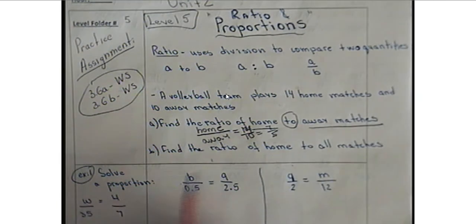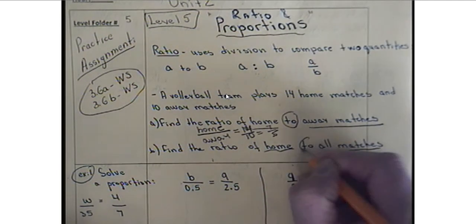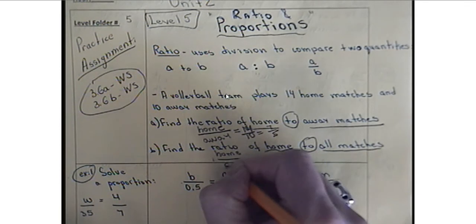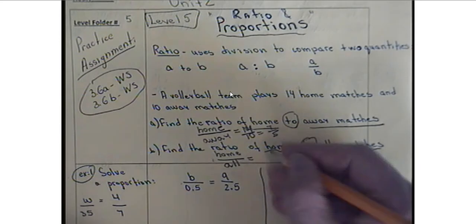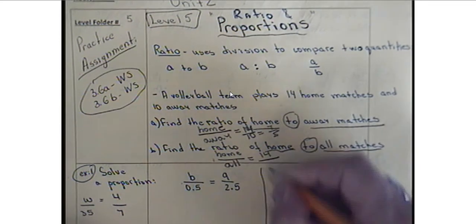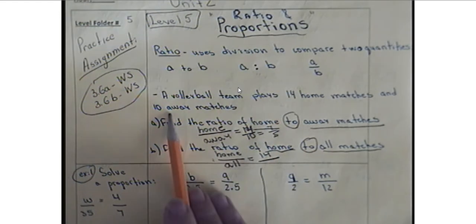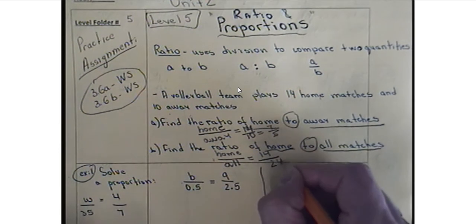Now, the ratio they're asking is home to all matches, okay? So will be home to all. Well, home are 14, and all, we get all when we add 14 and 10 together, because all will be home and away. That will make total of 24.